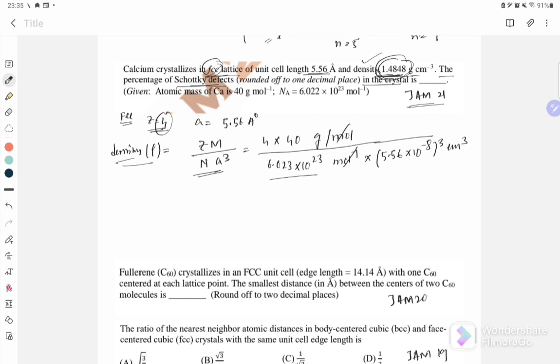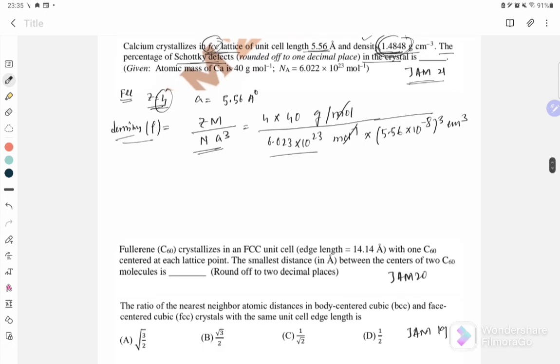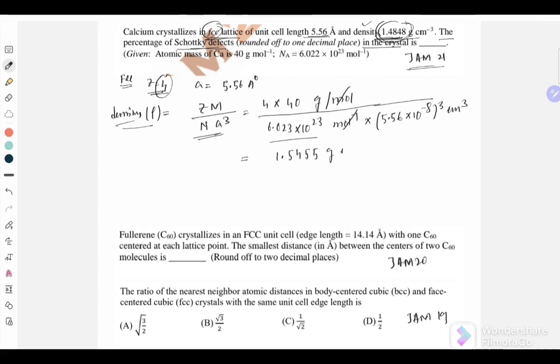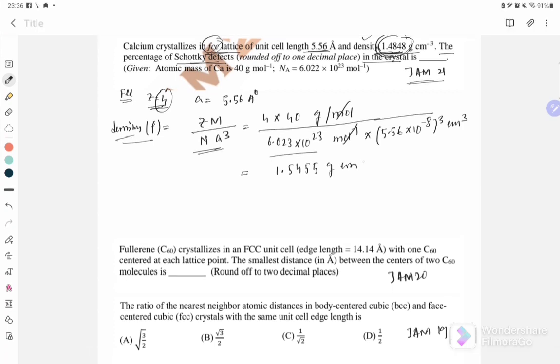So mole inverse cancels out, and if we calculate this we get 1.5455 gram per cubic centimeter.